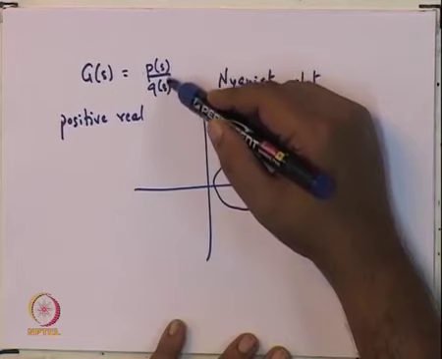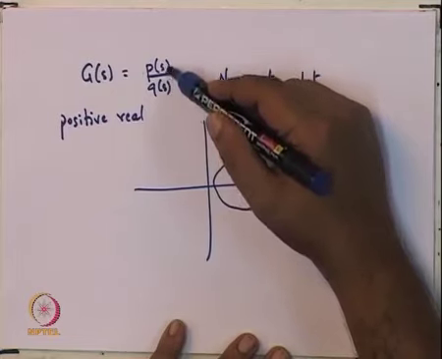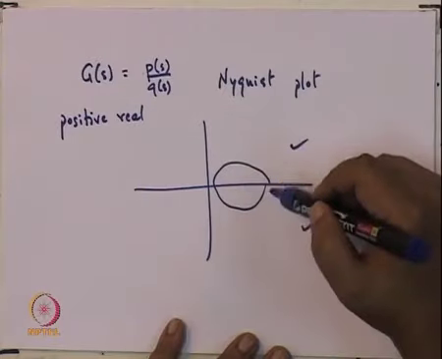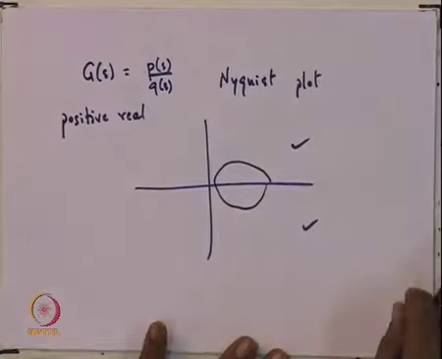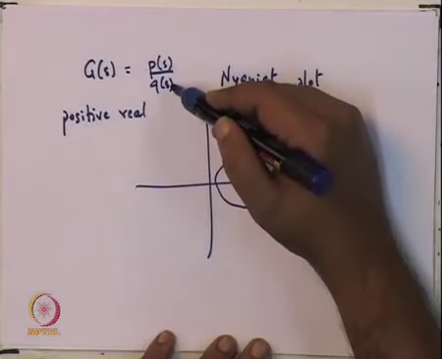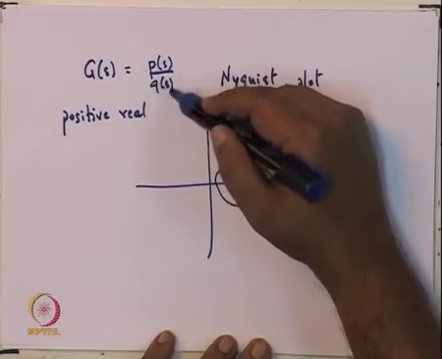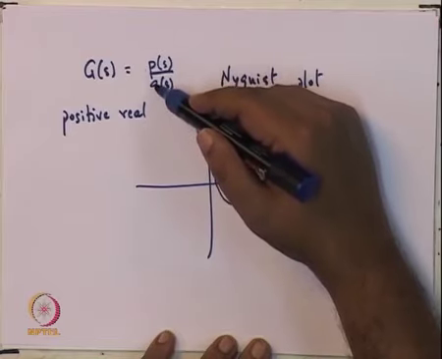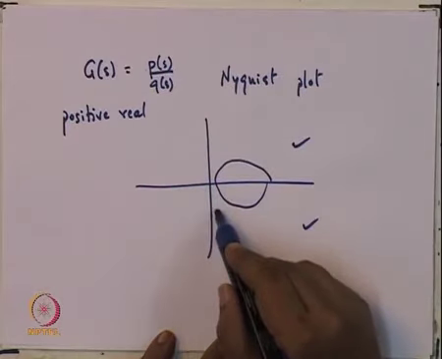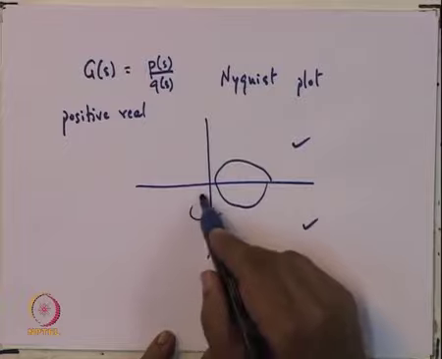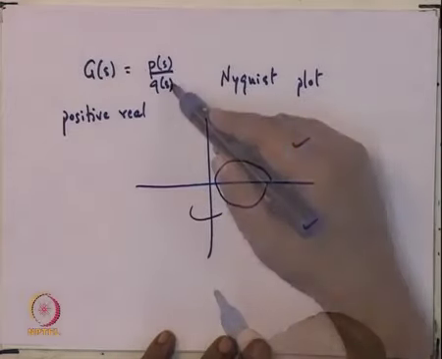Basically, only if the relative degree is 1 or 0 can you expect to have the Nyquist plot restricted to this half. The reason for that is because if the relative degree is more than 1, for example, if the denominator is 2 degrees higher than the numerator, then the Nyquist plot would finally enter this quadrant.